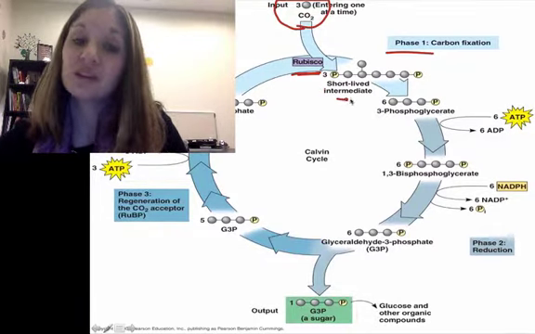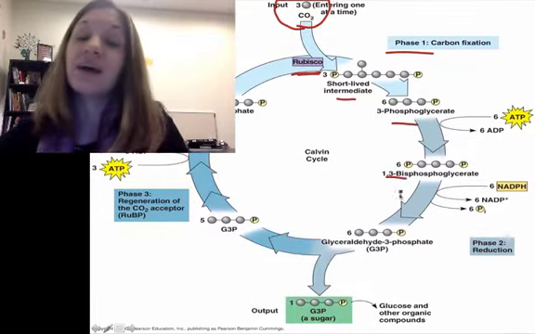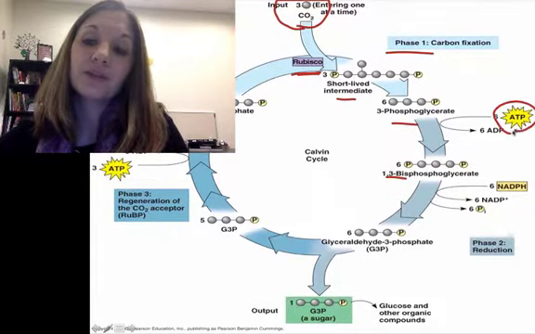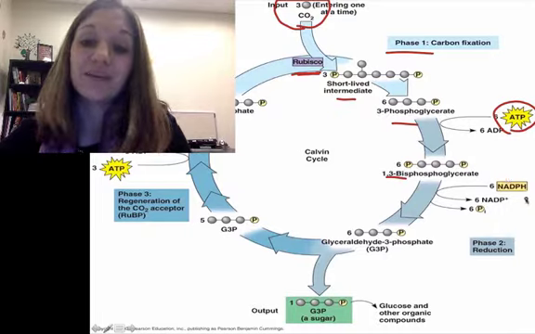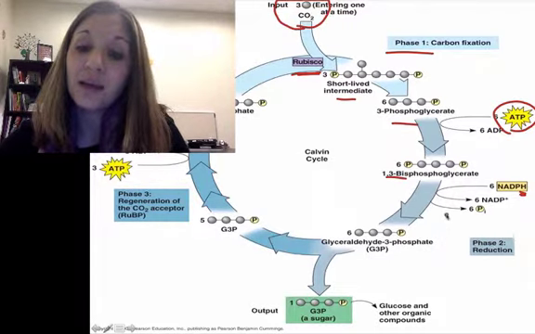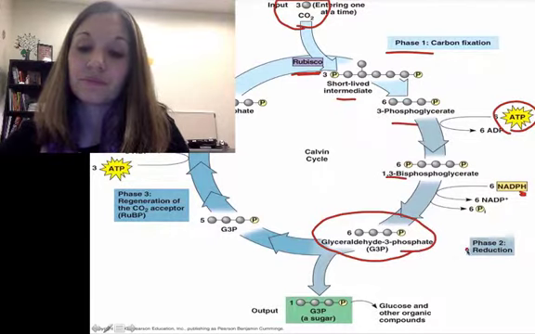This happens through a series of reactions, each catalyzed by a different enzyme, where we're adding phosphate groups by using ATP and the NADPH. We're also adding in the hydrogen ions out of that NADPH to end up manufacturing G3P, okay, that G3P sugar.